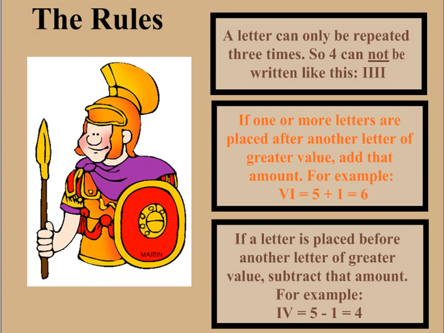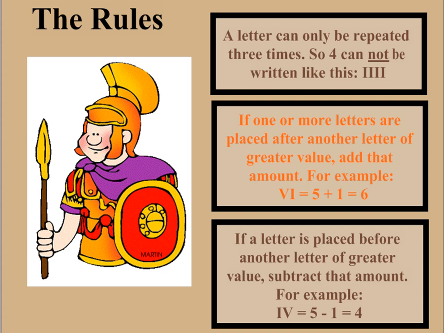We need to remember 3 important rules to write the Roman numerals. 1. A letter can only be repeated 3 times. For example, 4 cannot be written like IIII. Rule number 2. If one or more letters are placed after another letter of greater value, add that amount.